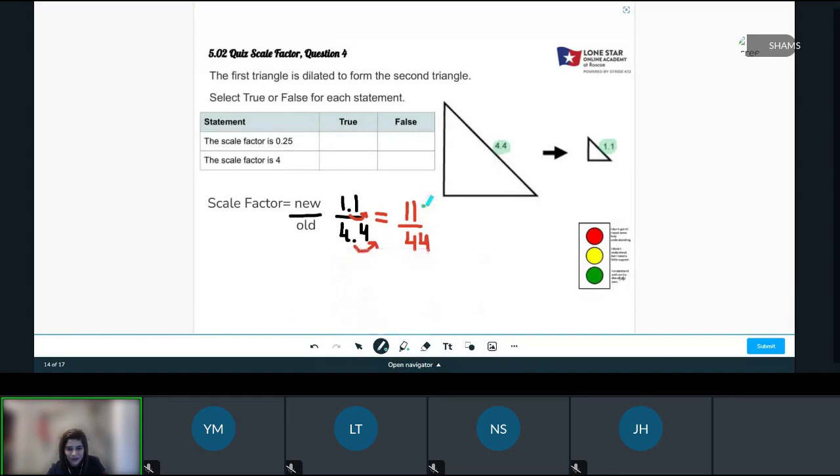I can simplify my fraction by 11 and make it such an easy number. And you will notice it is going to become a quarter, 1 over 4. And it is very easy to tell how much is a quarter. A quarter is 0.25, not 4. A quarter is 0.25 in decimals.